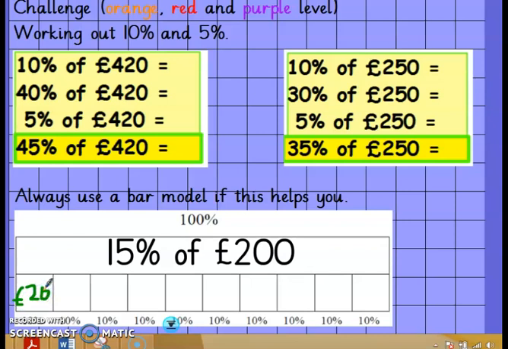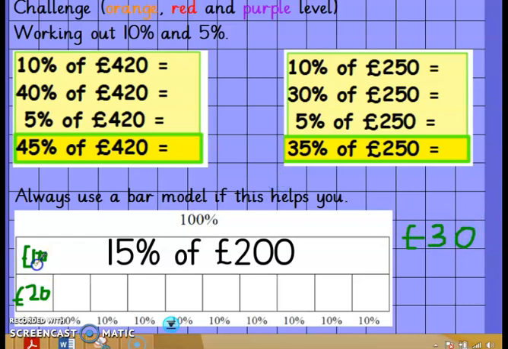So to work out 5% now, you know 5% is half of 10%, so we need to find out half of 20. Half of 20 is 10. So to find 15%, we need to add 10%, which is 20, plus 5%, which is 10. Altogether, 20 plus 10 is £30. So that would be 15%.